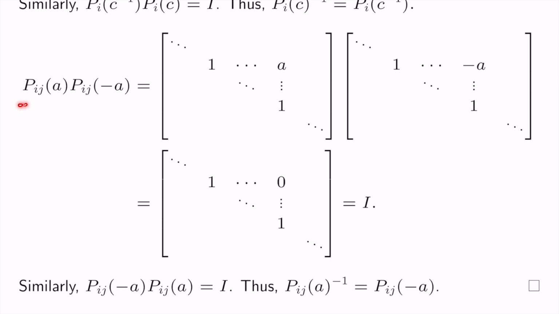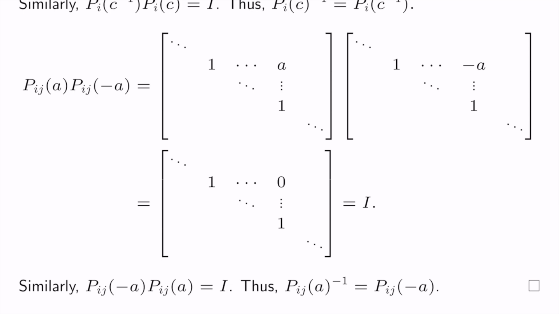And finally, let's look at this product, Pij of A times Pij of negative A. So we have this matrix, and this is the ij element, and this is the ij element. So let's take the ith row and the jth column. So 1 times negative A is negative A, and A times 1 is A. So the result is 0.